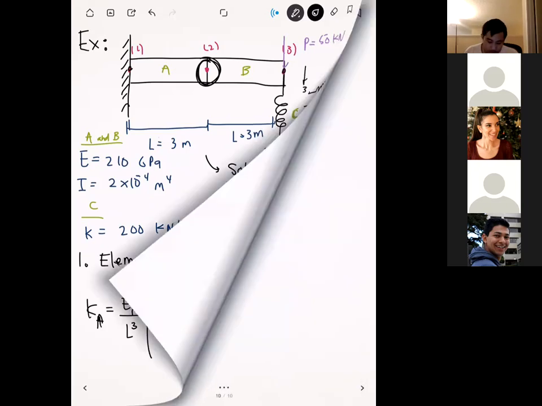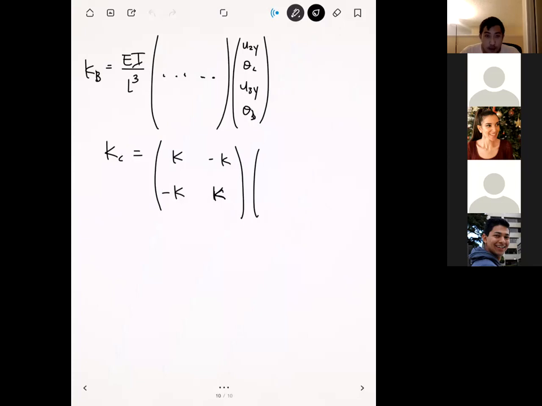So the degrees of freedom that the spring acts on here are actually going to be u3y and u4y. Does that make sense why I chose y for the spring element there? Yes, it does. Okay, great, good.